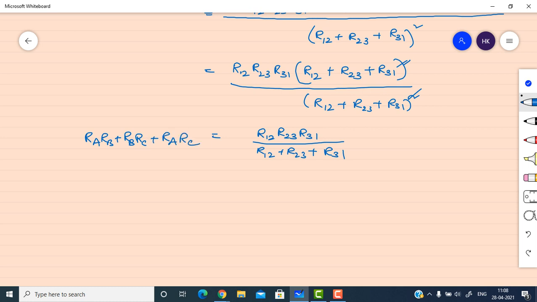But what are we going to derive? The equation for R12, R23 and R31. See here all are clubbed, but how can we derive? If you carefully observe this formula, there may be RA equation or RB equation or RC equation in it.